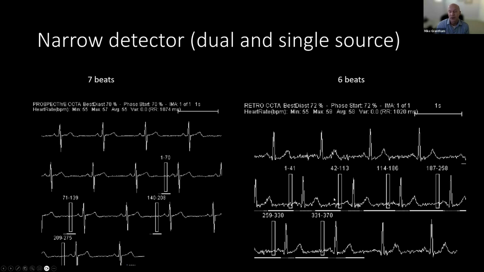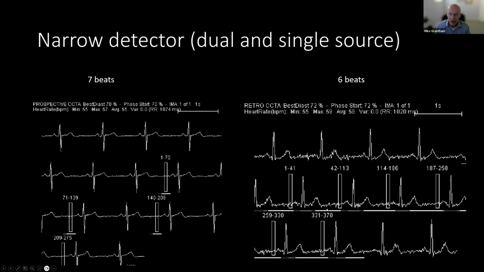You could potentially do what's called ECG editing. You could go in and take out one of these beats, which works if you just have a single beat that's bad. But if you had 2 beats right next to each other that were bad, you can't really ECG edit out that bad beat because there's no good data overlapping. And also, the way we do most of our retrospective studies is we do a systolic to diastolic, a 30 to 70% retrospective.